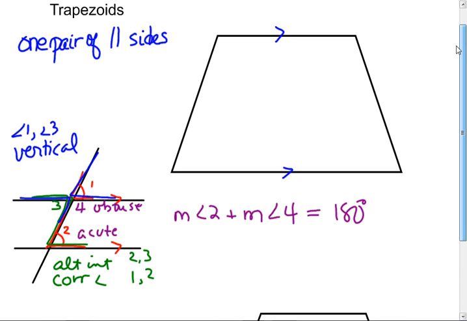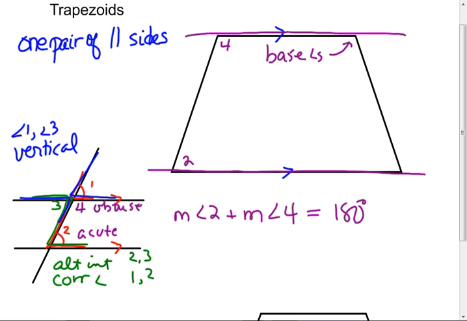So guess what? These are parallel lines. This is angle 2. This is angle 4. These are called base angles. That's this pair and this other pair are base angles. So there's two pairs in a trapezoid. But what's true about angle 2 and angle 4? They are not congruent.